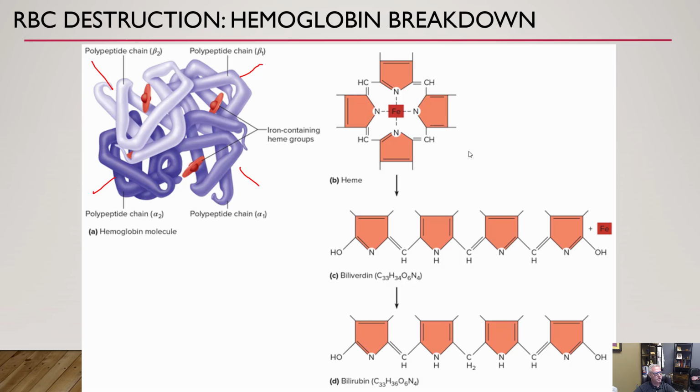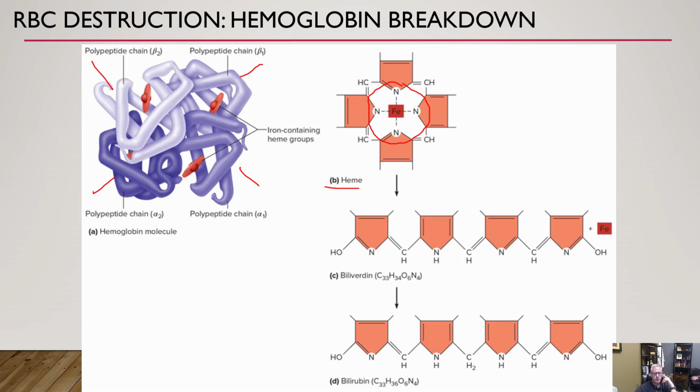And then over here in part B, it has a chemical structure of this heme group, and we have this central iron bonded to the 4 nitrogen atoms that are further bonded to this compound, and they're all connected. So you can see the iron is bonded to these 4 nitrogen groups.